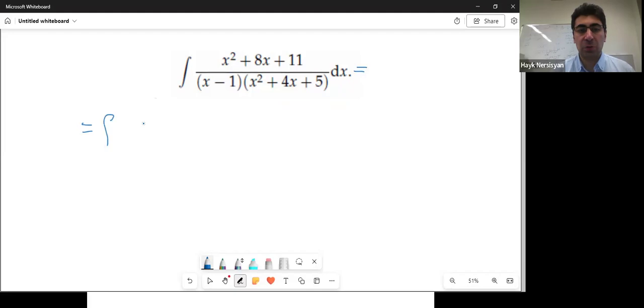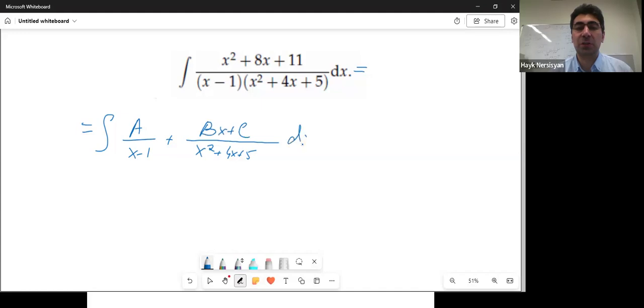So we can split into two terms, a divided by x minus 1 and plus the second term, which has x squared plus 4x plus 5 denominator, which is second order polynomial, meaning that we have to consider bx plus c, first order polynomial, as our numerator.